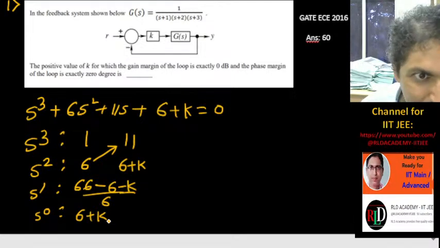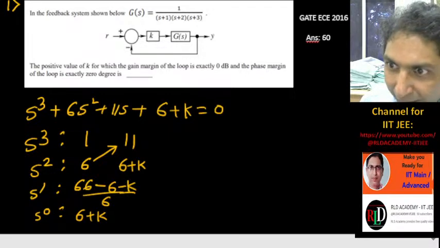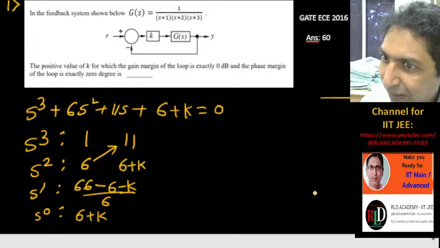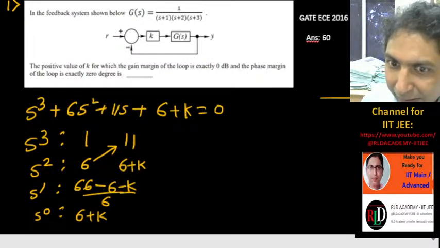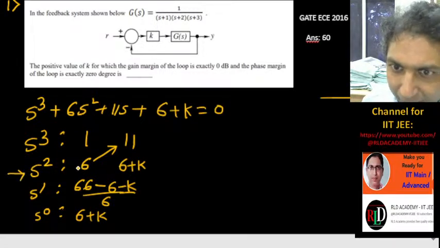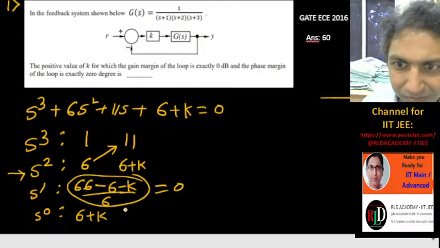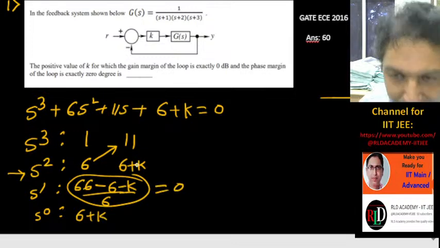Right? So now what will I do? I need to get marginal stability, and for that I need some poles on the imaginary axis. This is possible if we consider this second row. If this term becomes 0, then I will get one auxiliary equation from the row above.